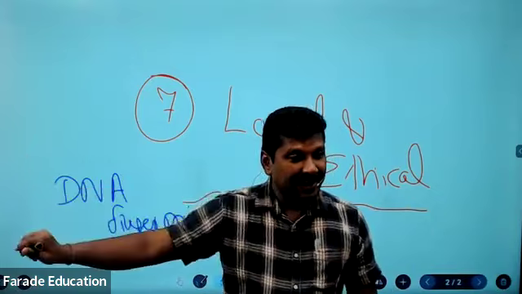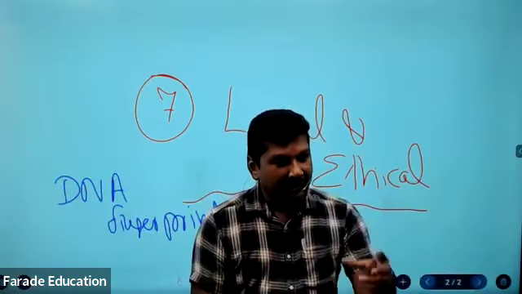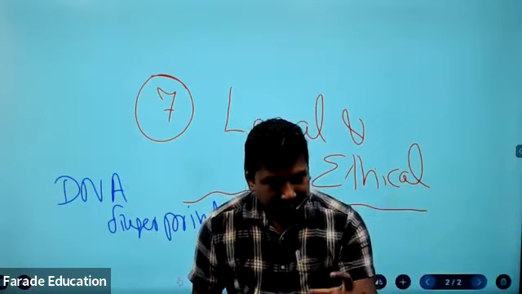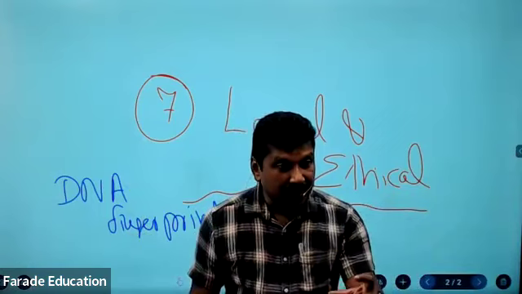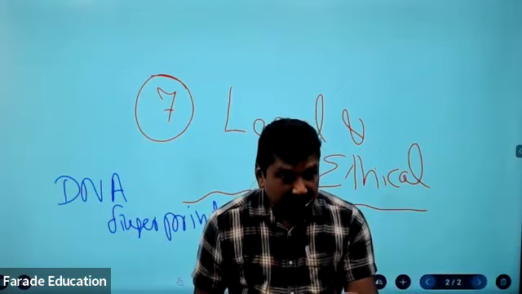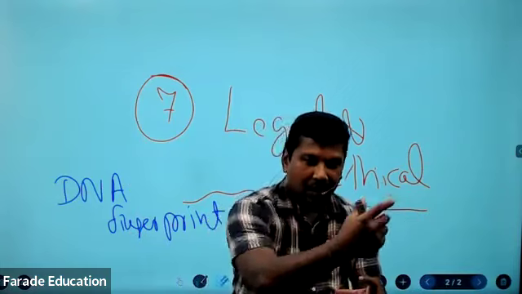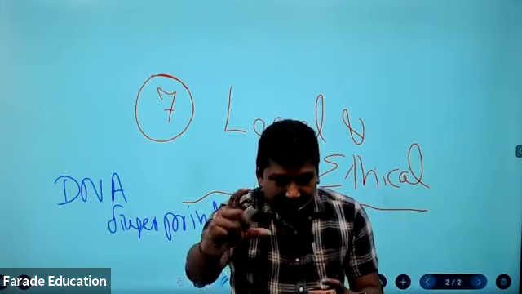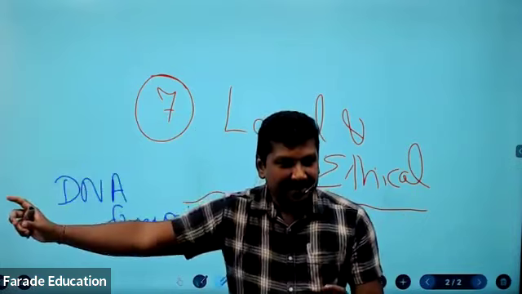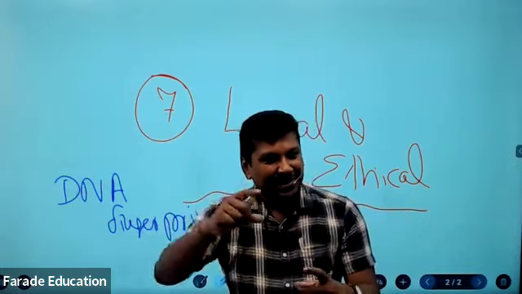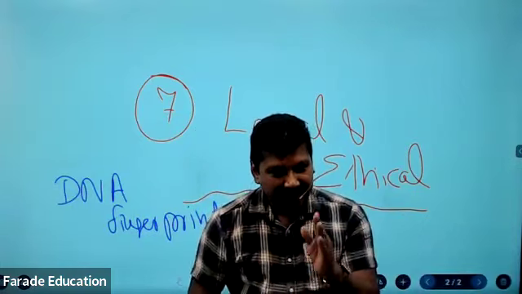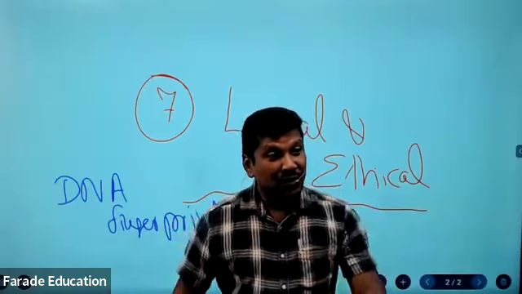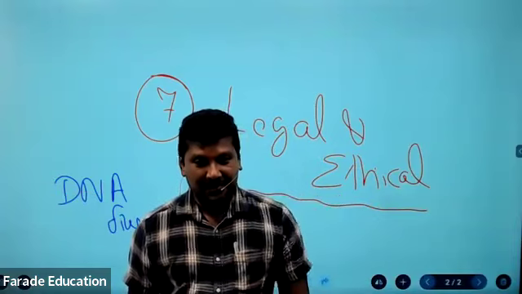You compare the genetic material, the DNA fingerprint of the child. It is always related to the mother, that's okay. And the father's and that neighbor's DNA is also compared, and they give the judgment: this child is not yours, this one is. So those are called parental issues.